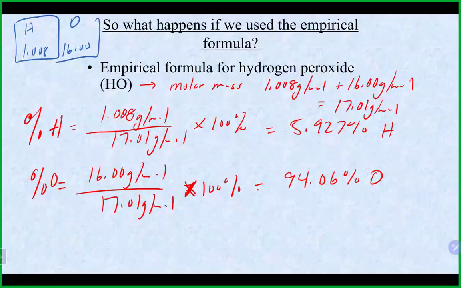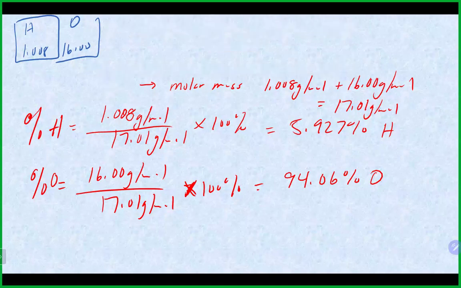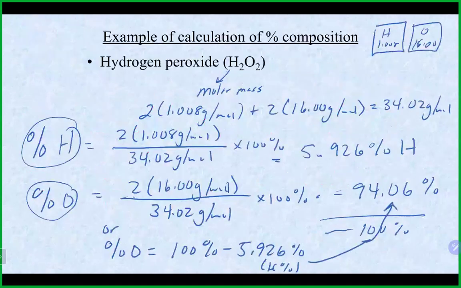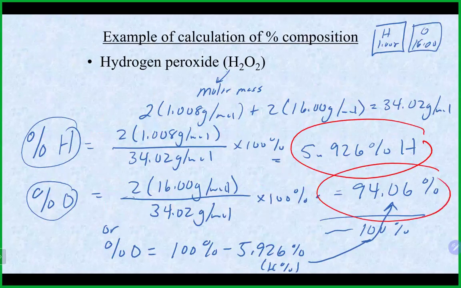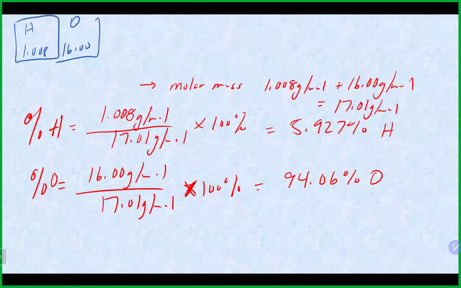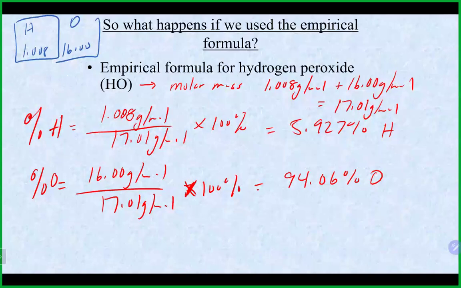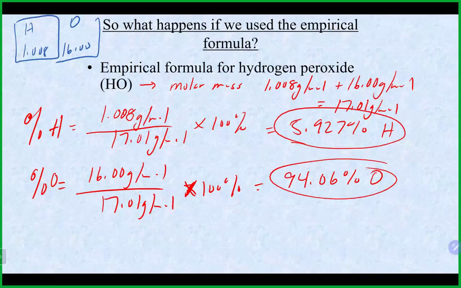Now, since this is actually the empirical formula for the molecular formula that we looked at on the previous page, we do see that our percent composition by mass in our empirical formula is just under 6% and 94%. And in our molecular formula, it's basically just under 6% and 94%, so they are the same percentages.